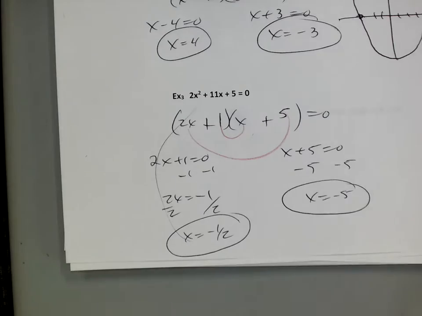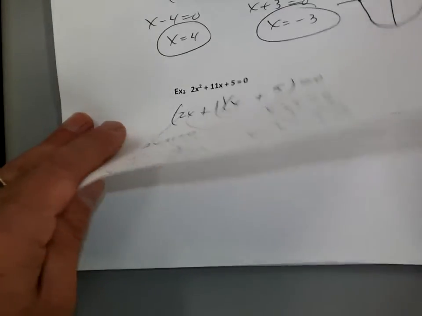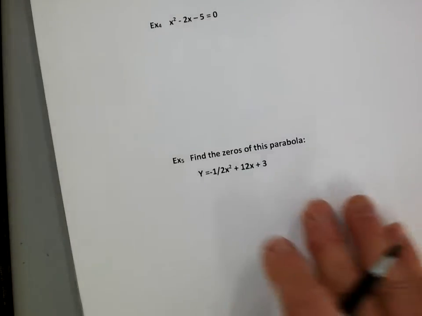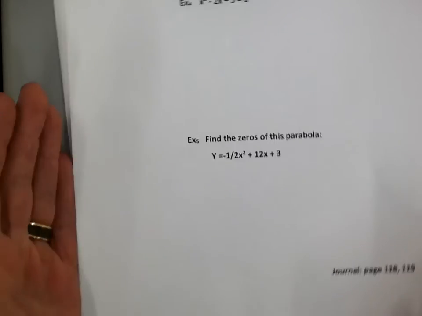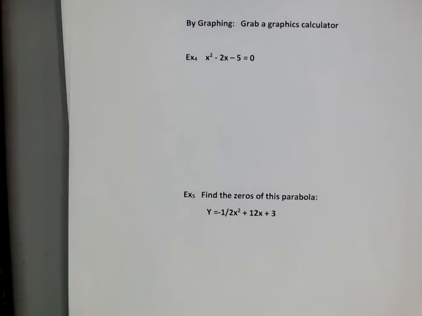So there's my two zeros. Okay. Now let me keep going. So if we graph this, graph it on a calculator. You guys probably are going to have to use Desmos. Get your phone out. I'm going to show you on my phone.